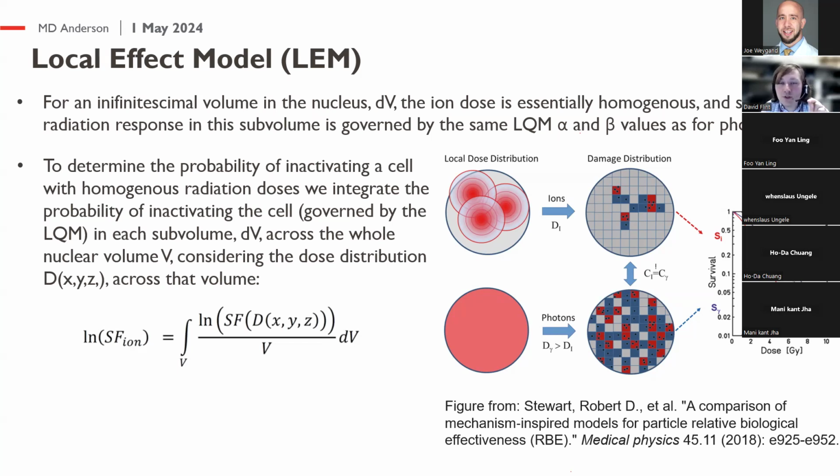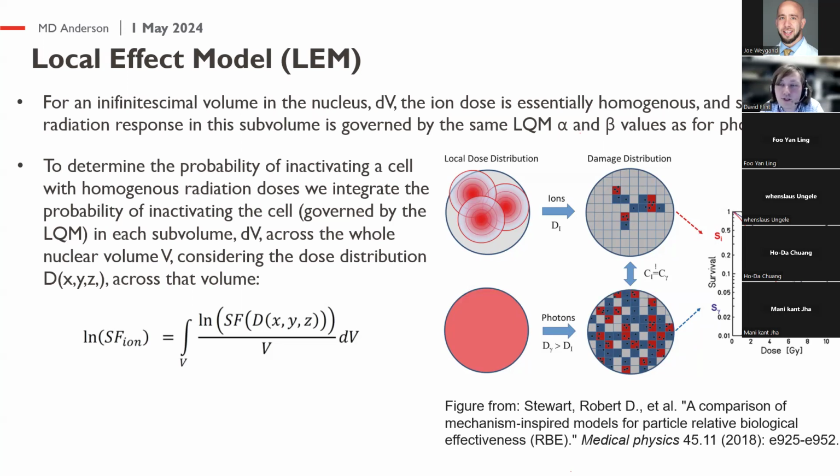It's important to remember here that while we typically think about surviving fraction in terms of a population of cells, it also has a very intuitive meaning in the context of a single cell, which is just the probability of that cell being inactivated by a dose of radiation. That's why this expression works, because we're calculating the average probability for a cell to be inactivated across all of the dose it receives across its nucleus.